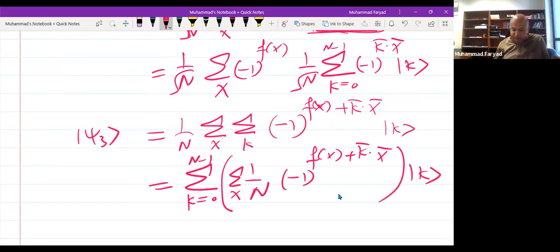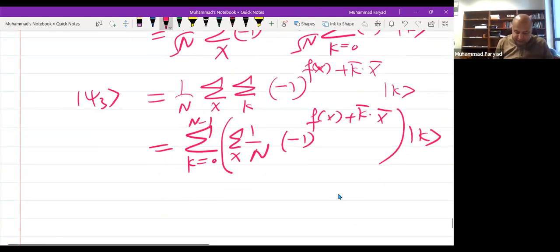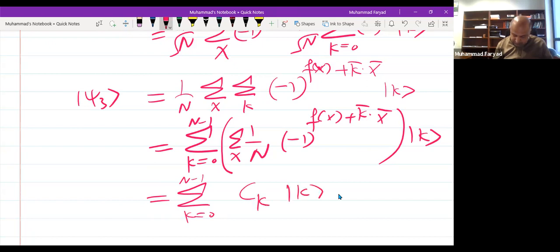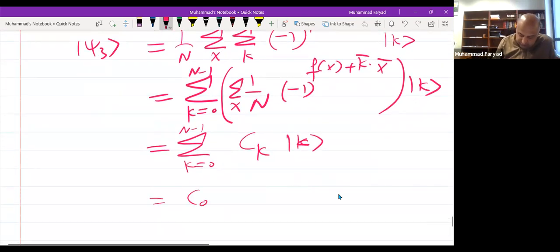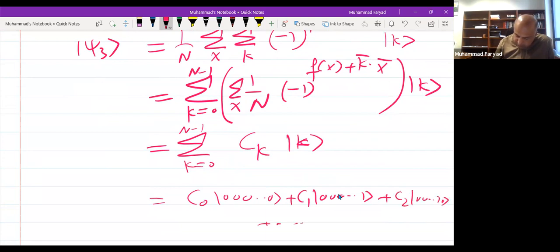So let me put this part into a bracket, because it is looking like a final output, sum over k from 0 to n minus 1 with some coefficient, actually, let's call it ck, |k>. That is, I have an output state that looks like this: c0 |000>, c1 |001>, c2 |010>, and all the way to c_{n-1} |111>.